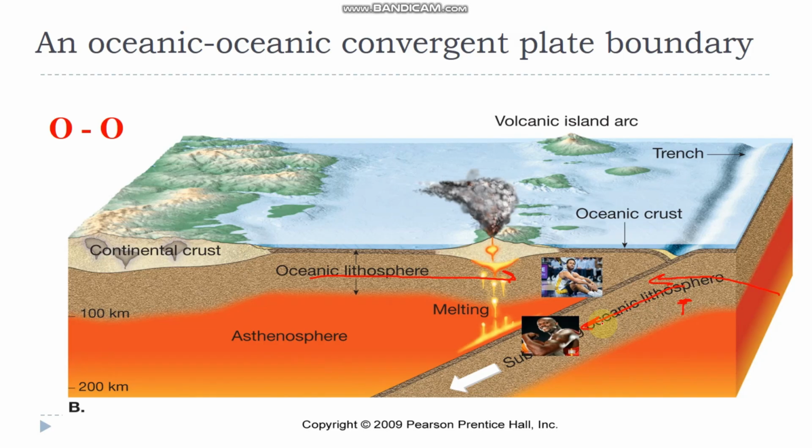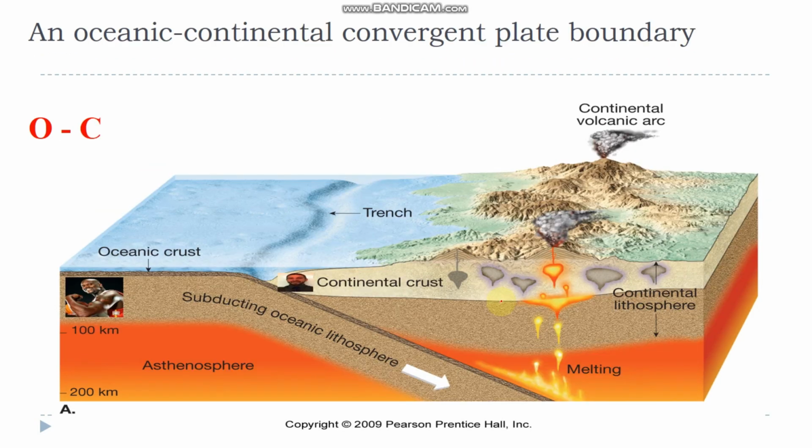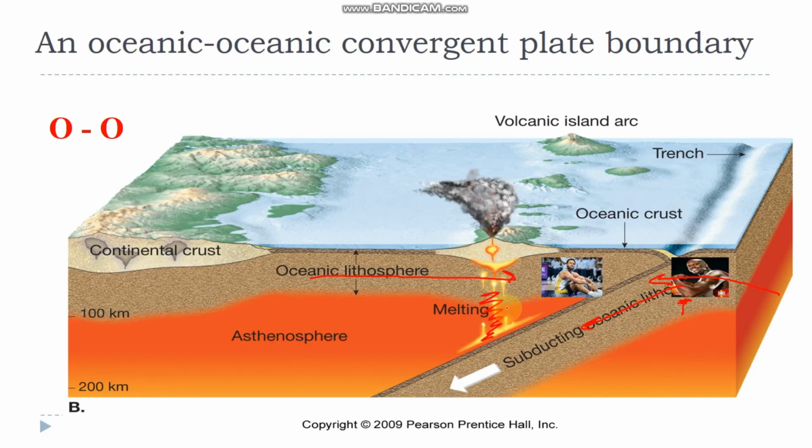As Shaq subducts, this subducting plate starts to melt and it rises. When it melts and rises, that melt starts to blister the overriding Steph Curry plate. So this plate right here is the Steph Curry plate.